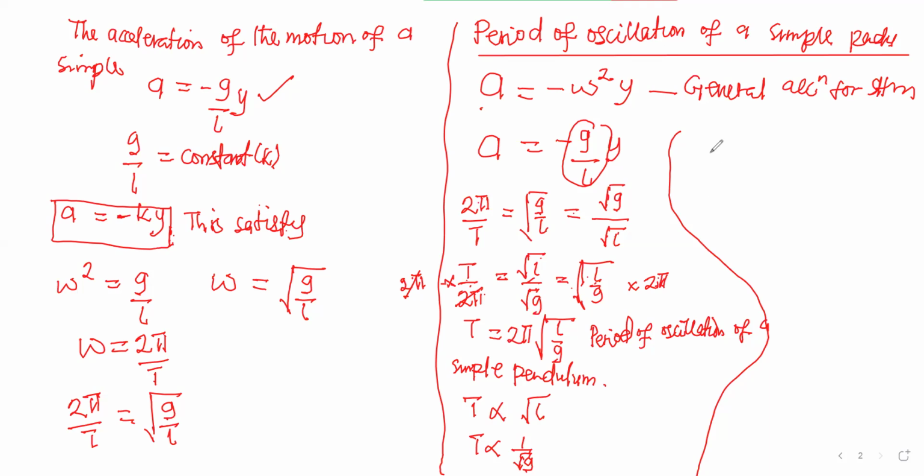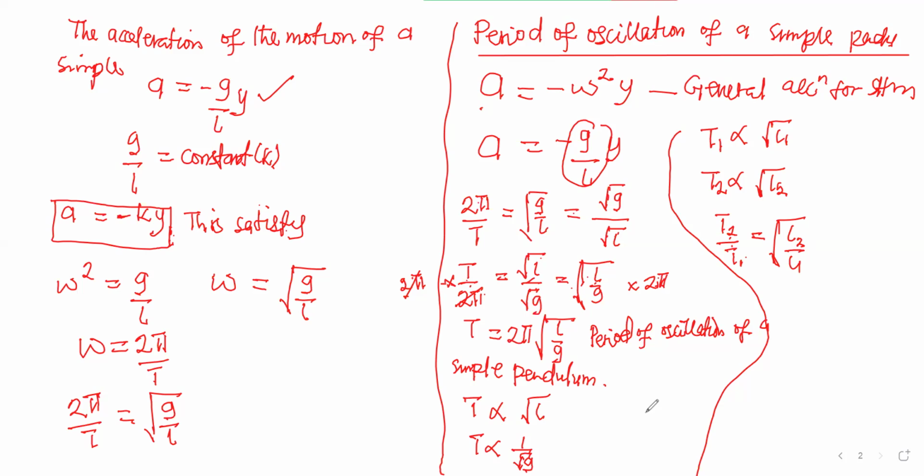Okay, so for two different lengths, there must be two different periods. So T1 is directly proportional to root of L1. T2 must be directly proportional to root of L2. Therefore, T2 over T1 must be equal to square root of L2 over L1.